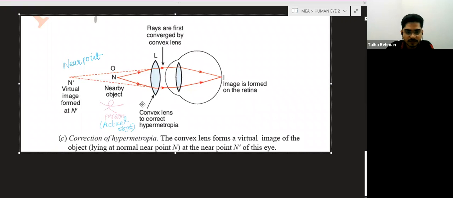In this image, basically for the hypermetropic eye, this will be the image formed by this lens, and this is the object. So basically the object distance in this case, you will take normal near point.